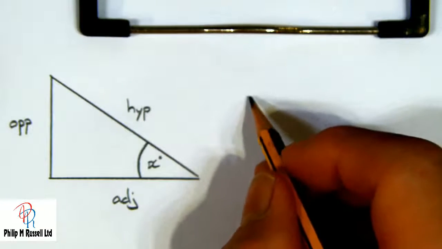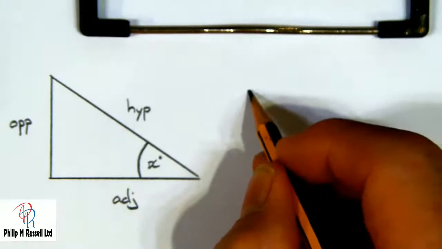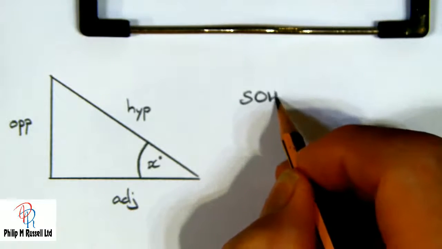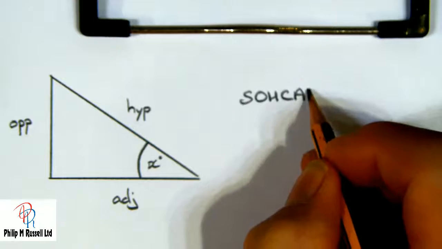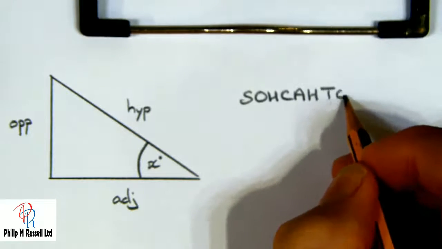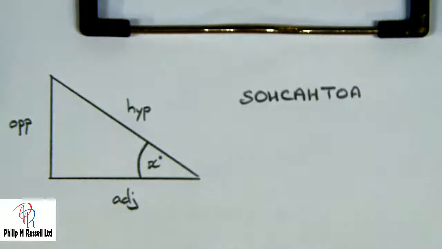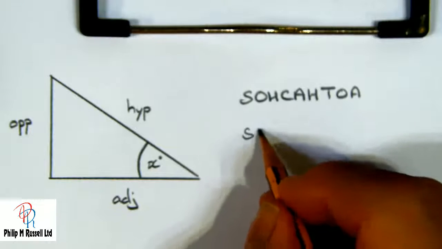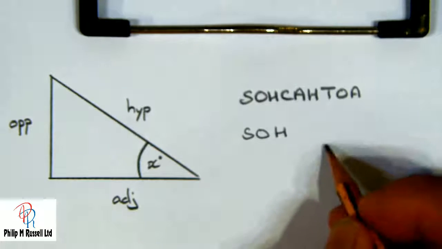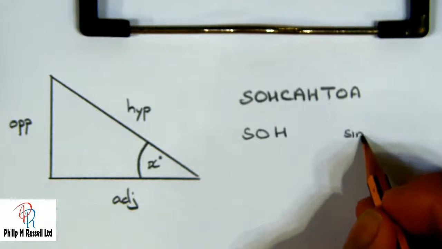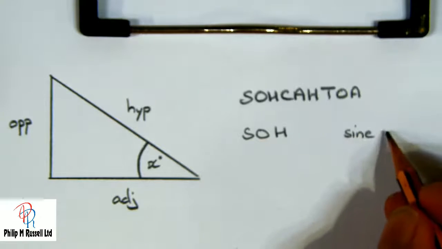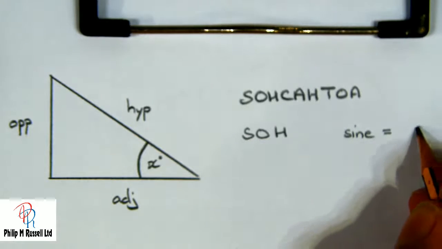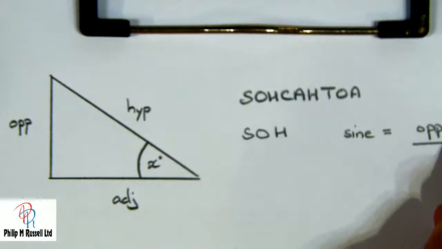We need to learn something to try and solve this, and this is normally called SOHCAHTOA. Let's break this down. We've got the SO, that is the sine of an angle, and that equals the opposite over the hypotenuse.